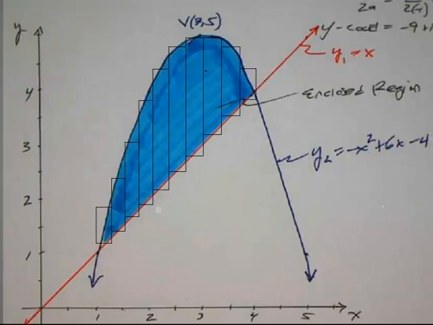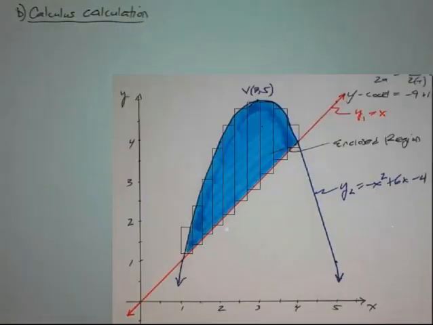Okay, it looks like the vertical rectangles are working pretty well, and the reason I say that is because the height of the rectangle is always defined by the y sub 2 curve, and the bottom of each rectangle is always defined by the y equals x curve. So that'll make these kind of rectangles very convenient to use.